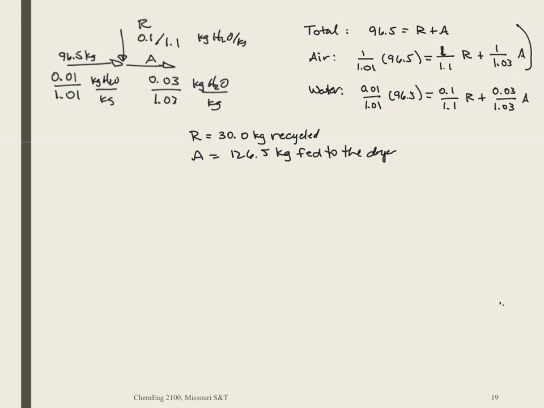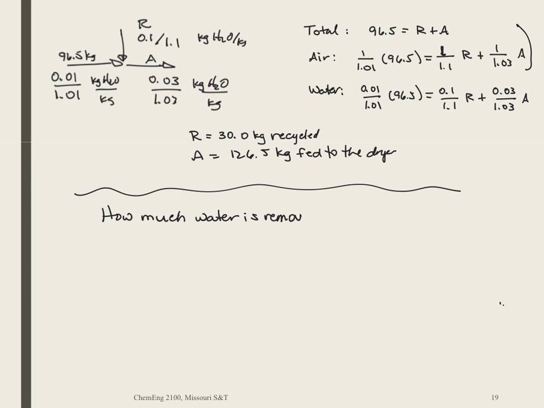Now I could go on and look at other pieces if I wanted to know other things, but at this stage I am ready to answer the questions. So, how much water is removed? Well, the amount of water removed, I started off with 0.15 times 100, and when it left, that's a minus sign, 0.07 times 91.4 kilograms left.